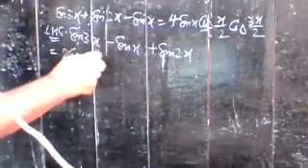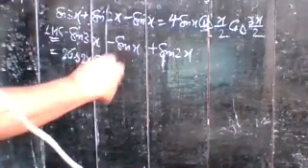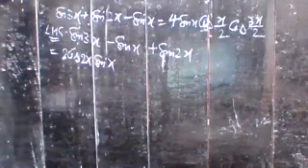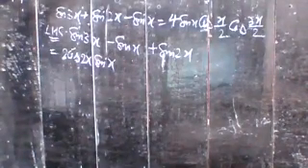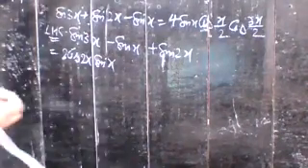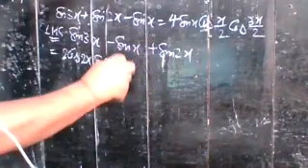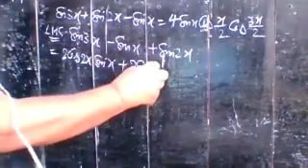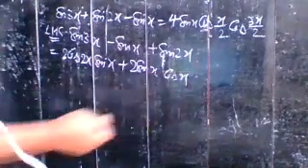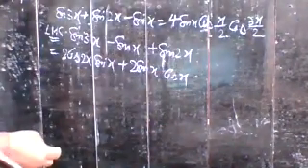So 2 cos 2x, and sine (x minus y) by 2, so you have sine x. Understand? And this sine 2x can be written as 2 sine x cos x. In place of sine 2x, you can write 2 sine x cos x.